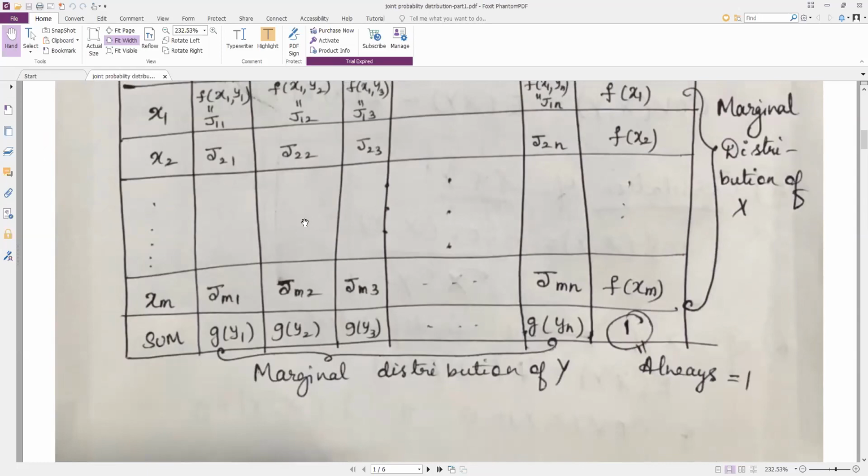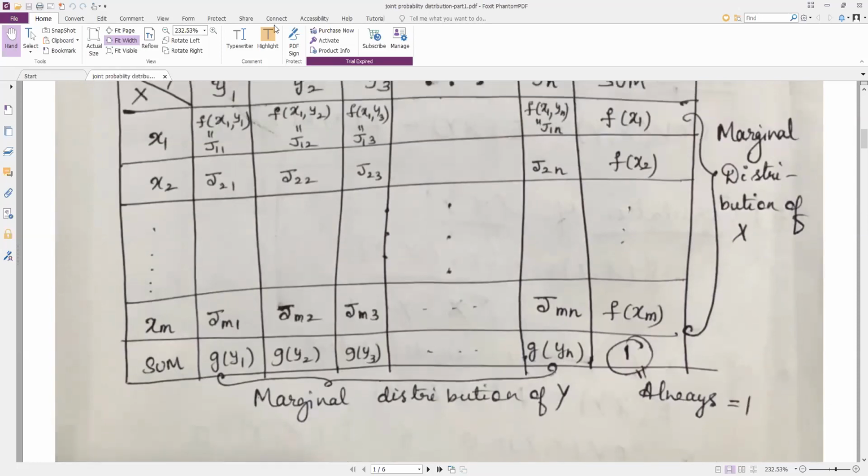Now here, g(y1), g(y2): you will get these by adding. Adding the first column, you will get g(y1). Adding the second column, you will get g(y2), and so on. Adding the nth column, you will get g(yn). Similarly, row wise you need to add. When you add the first row, you will get f(x1). When you add these terms, you will get f(x2). Similarly, here when you add, you will get f(x3).